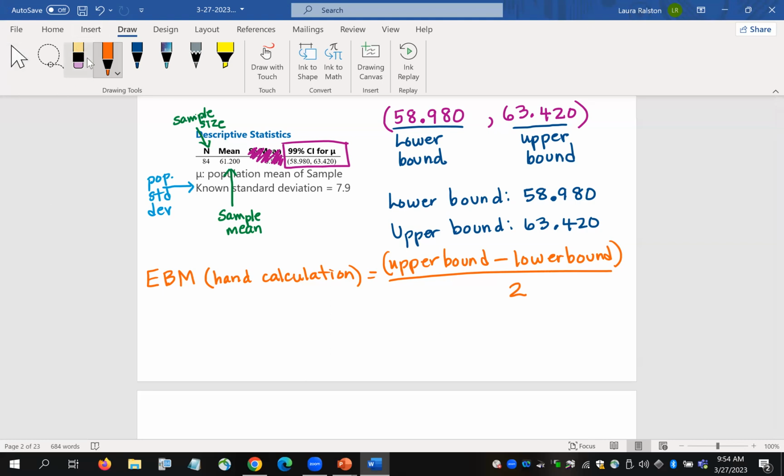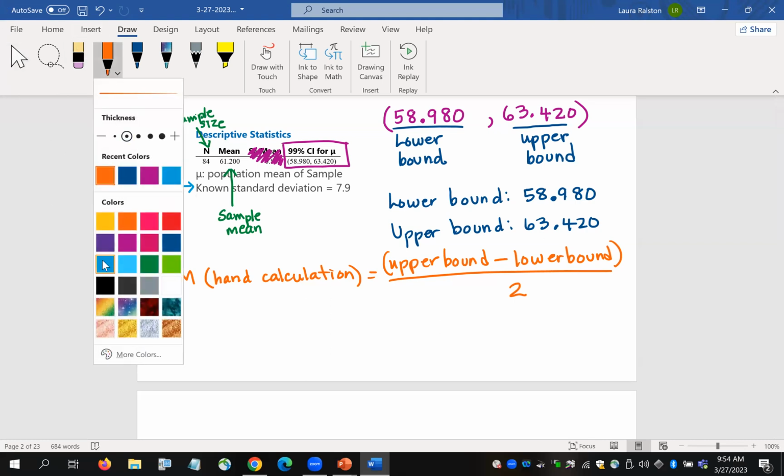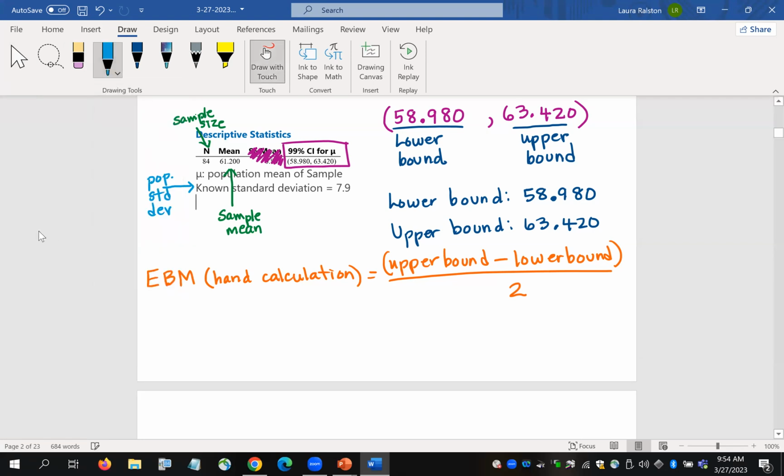Notice, guys, that I did put parentheses around the upper bound minus the lower bound, which implies we need to do that subtraction first. So I have 63.420 minus 58.980, all divided by 2.